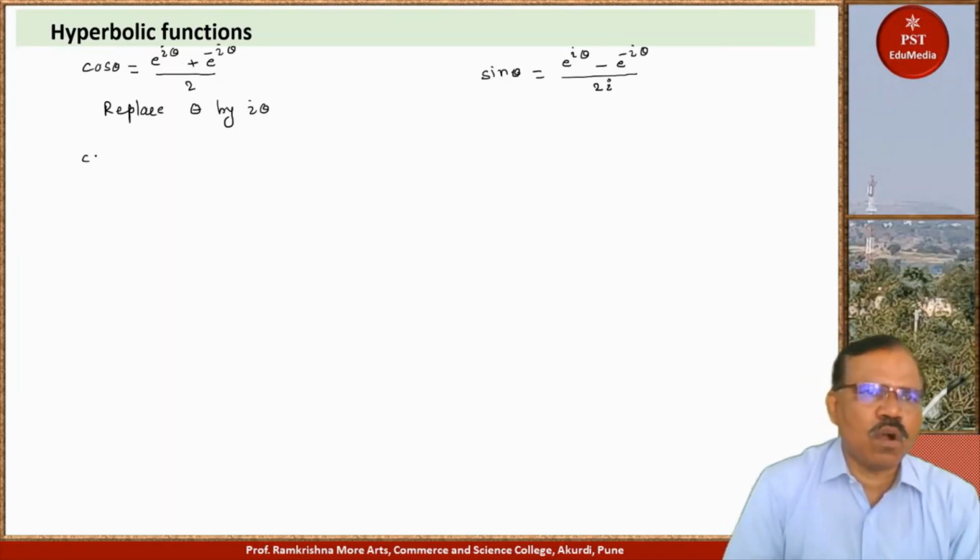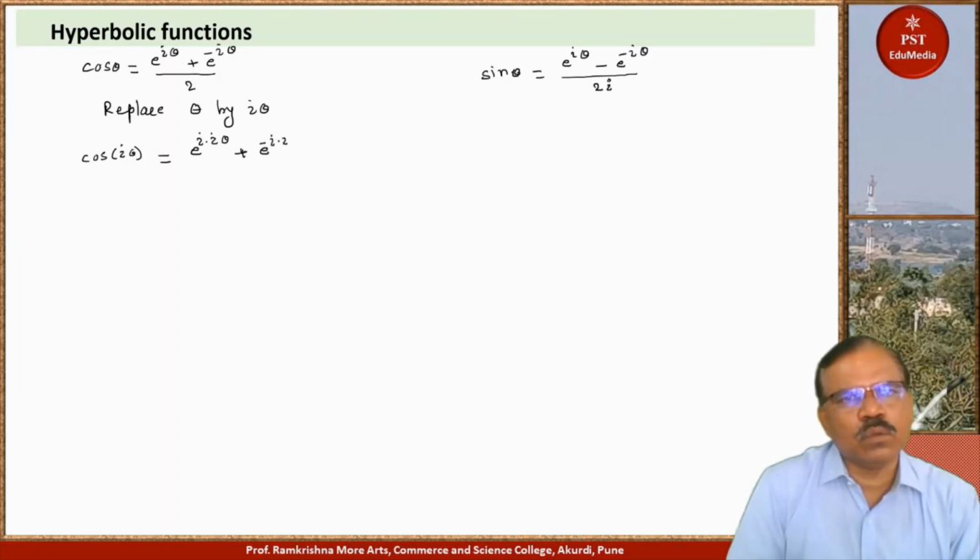So we'll get here cos i theta is equal to e raised to i into i theta plus e raised to minus i into i theta divided by 2. So we get here e raised to i square theta plus e raised to minus i square theta divided by 2.